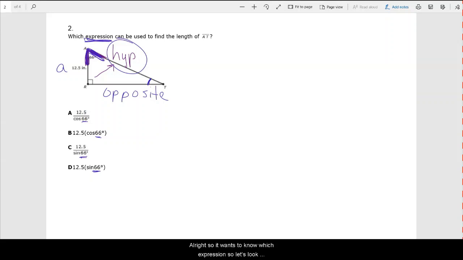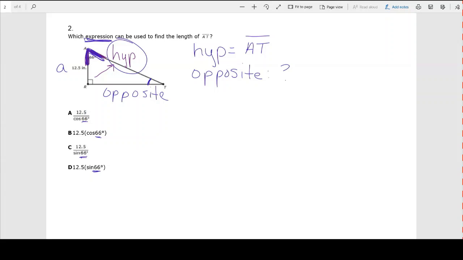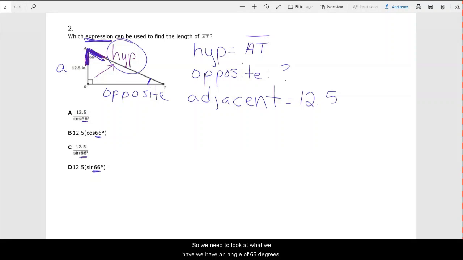All right, so it wants to know which expression. So let's look at the information. Our hypotenuse is the unknown AT that we are looking for. Our opposite is unknown, and our adjacent is 12.5. So we need to look at what we have.